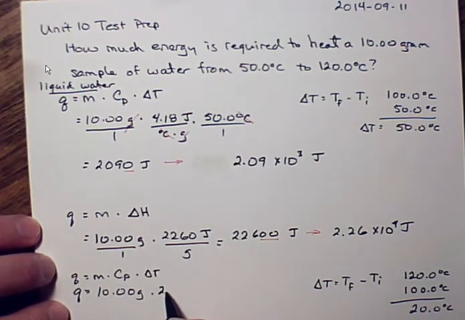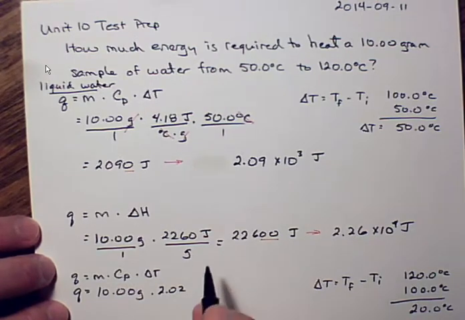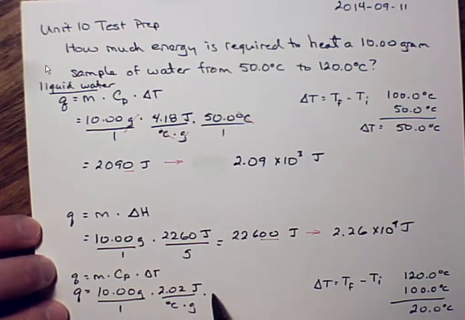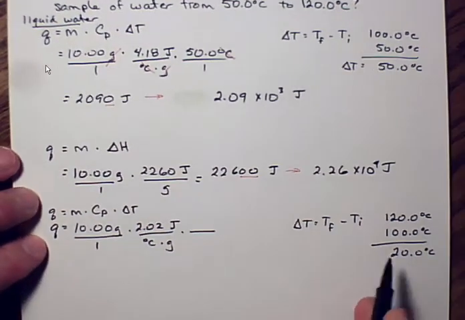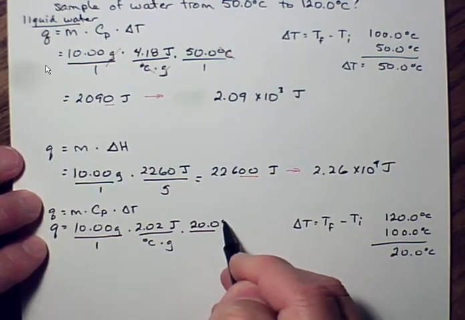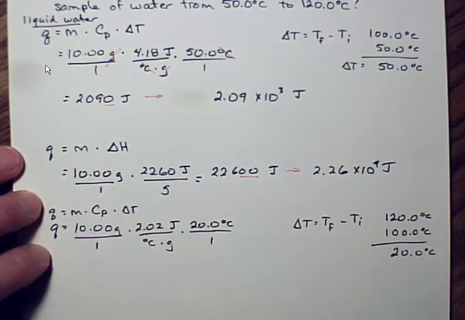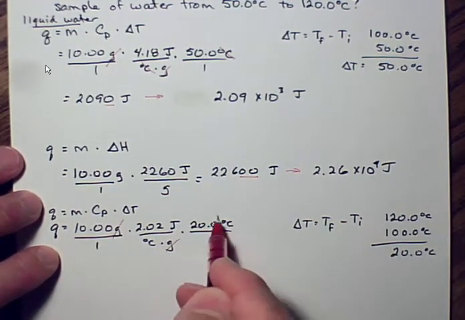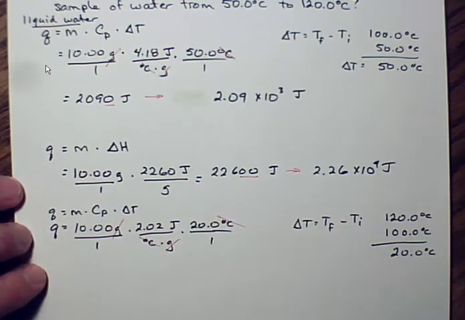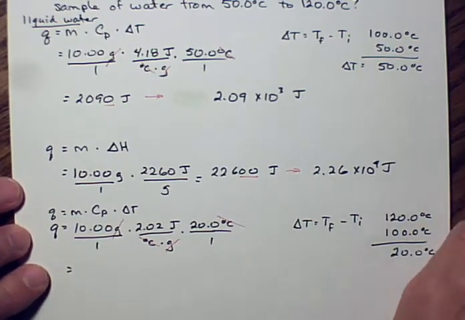So 2.02 joules per degree C per gram. Put that over 1, and then we've got a change in temperature of 20 degrees. Cancel out grams, cancel out degrees C. We're ready to go to the calculator.